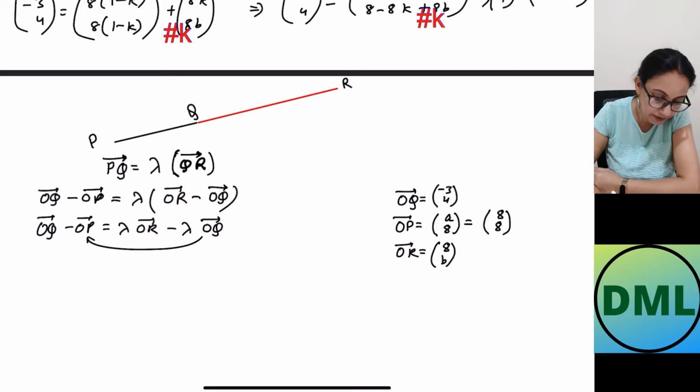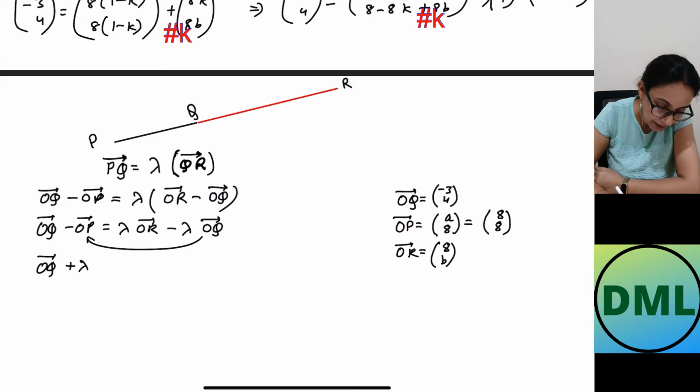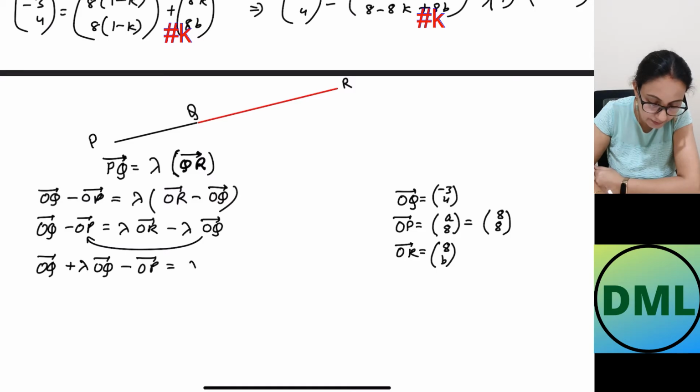Move this OQ vector on the left hand side. So it will be OQ plus lambda times OQ minus OP is equal to lambda times OR vector. Now move this OP vector on the right hand side. Take OQ vector as a common factor.